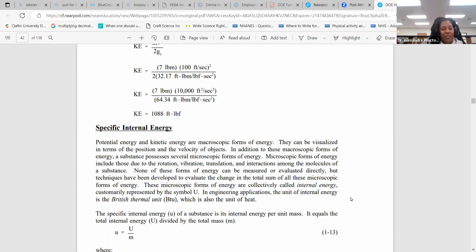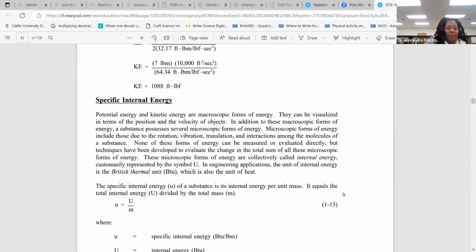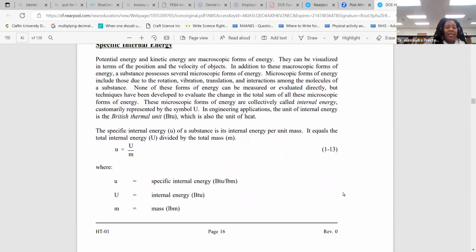So specific internal energy, lowercase u, of a substance is the internal energy per unit mass. And this is equal to the total internal energy, which is capital U, divided by the total mass. So here they have lowercase u is equal to capital U divided by M, where lowercase u is the specific internal energy, and this is BTU per pound mass.